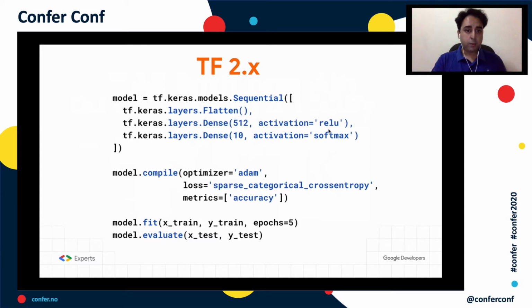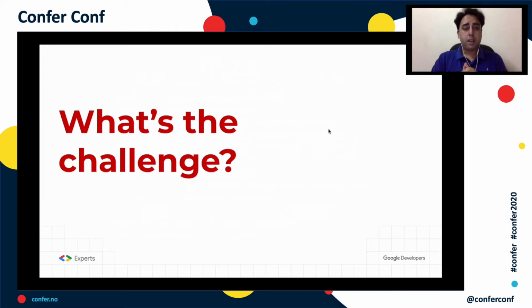As you can see, with just 4 lines of code, you can create an architecture which uses deep learning. You can train your model on this architecture and you can evaluate your model. So it's very easy to get started with TensorFlow and Keras, and the deep learning field has progressed so far. Now let's talk about some of its challenges.